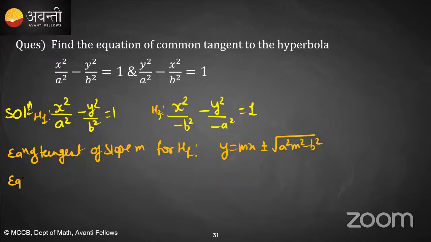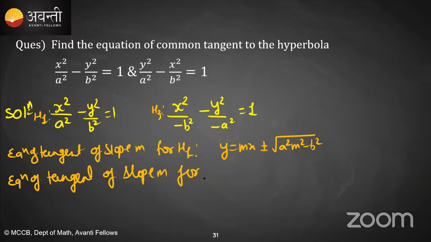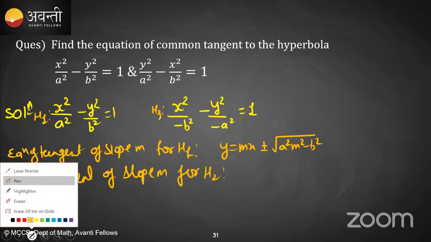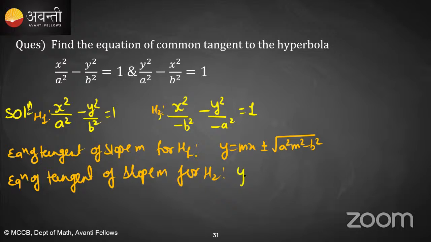Similarly, equation of tangent of slope m for h2 will be y is equal to mx plus minus under root. What is the coefficient below x square? What is written below x square? Minus b square.